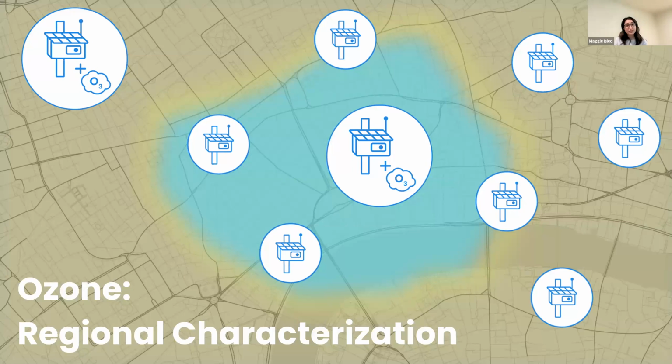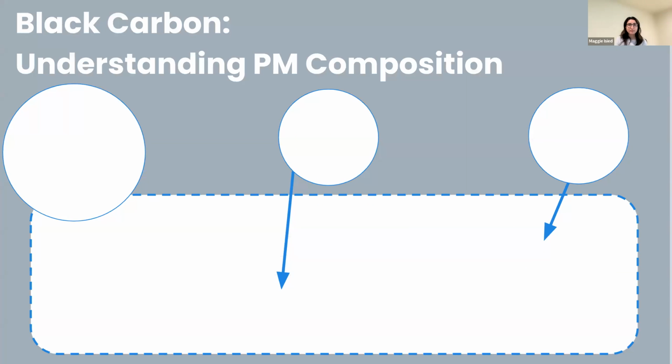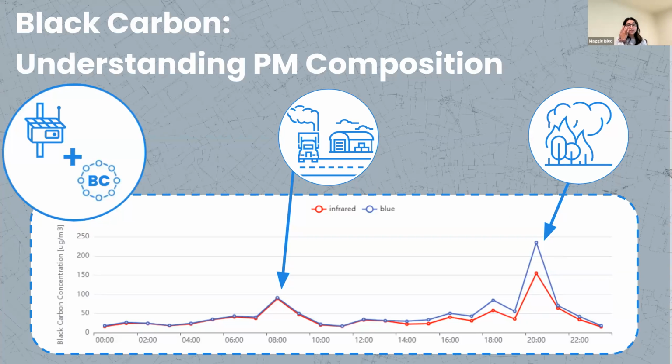So in my other dissertation research, what I did see is that there are areas where there could be ozone variability. So although ozone is a regional pollutant, there might be localized changes that could be captured with more highly spatial monitoring.